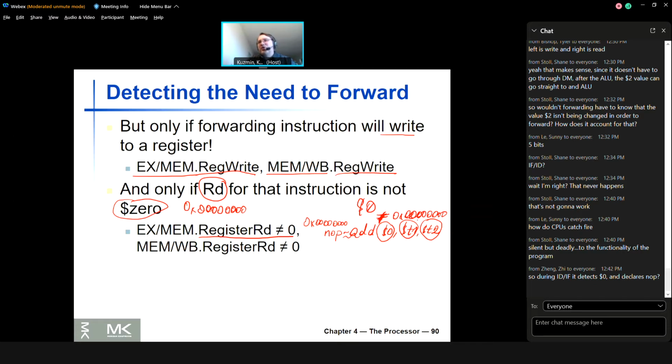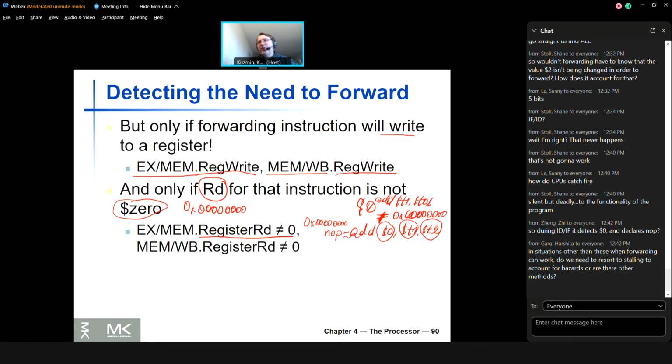So if our instruction above this example had add, which wrote into $t1, and whatever the arguments were, doesn't really matter, normally we would be willing to forward this $t1 so that it is available here. But if the destination register is 0, we don't care, because this sum of $t1 and $t2, we don't even have to compute it, or we can compute it incorrectly. It doesn't matter. It's not going to affect anything.